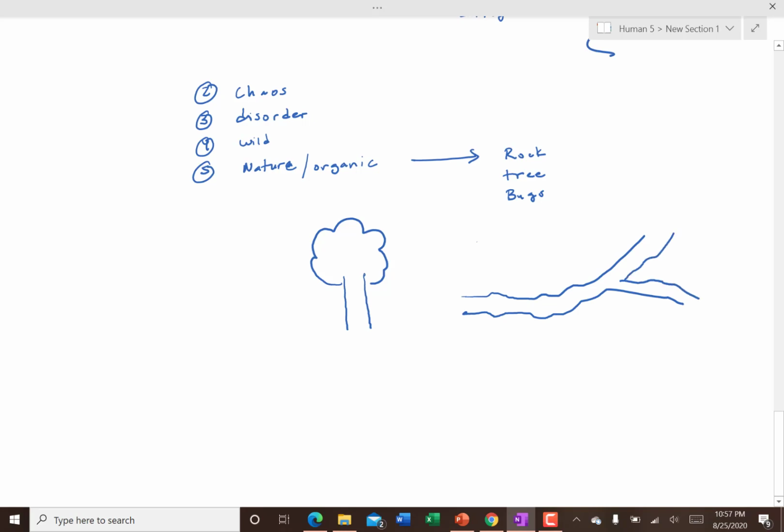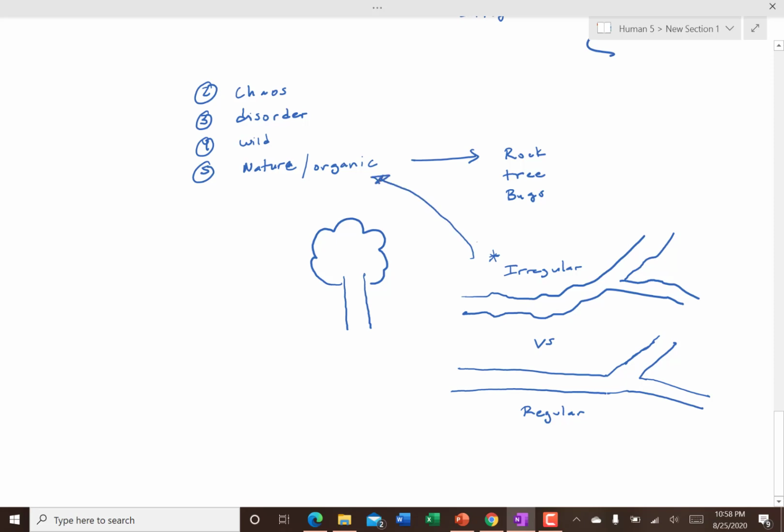If you do a branch where you just go like this, I'm doing the same type of branch here, but I'm just making regular lines, right? You have regular versus irregular. The one that's going to come off more realistic in a larger picture is the irregular, because it comes off as more organic, where this does not look organic.